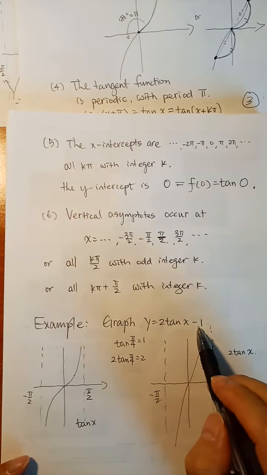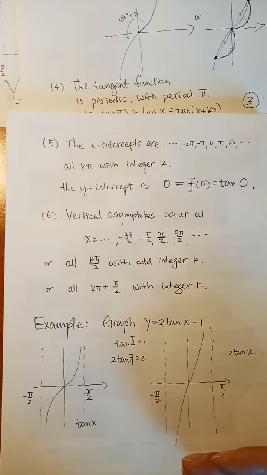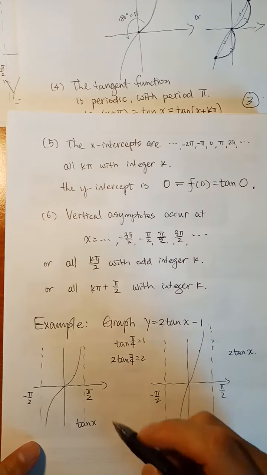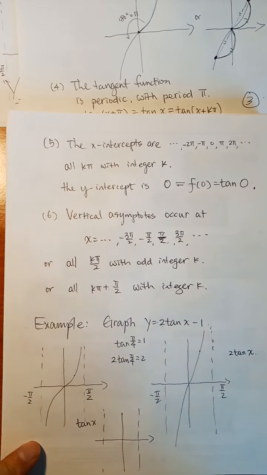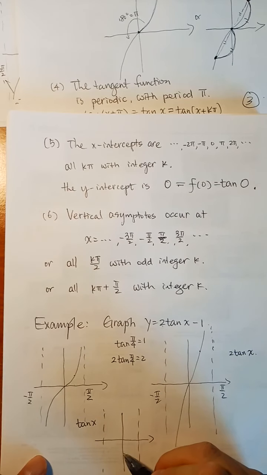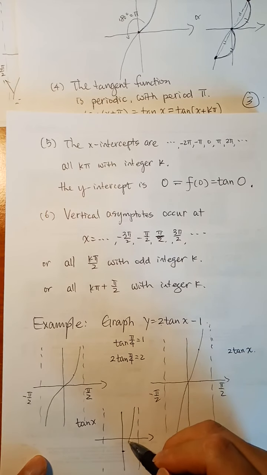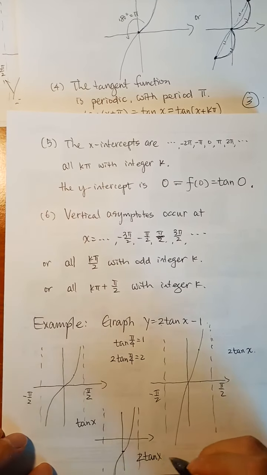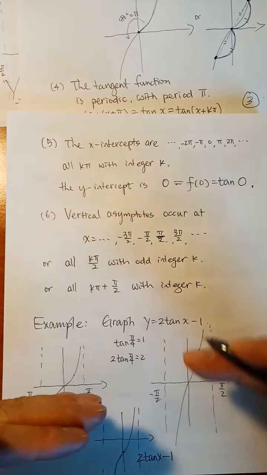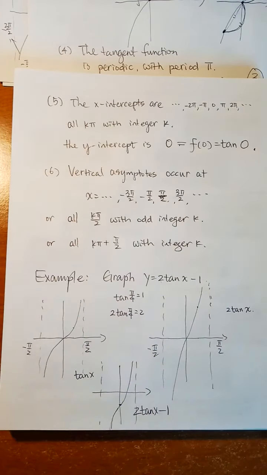We still need the minus 1. Minus 1 means you shift this whole graph downward 1 unit. So you shift everything down; 0 is moved to negative 1. This is 2 tangent of x minus 1. When you get this graph, you repeat it to the left and to the right to get the complete graph.